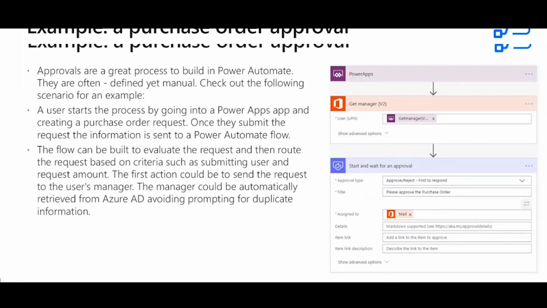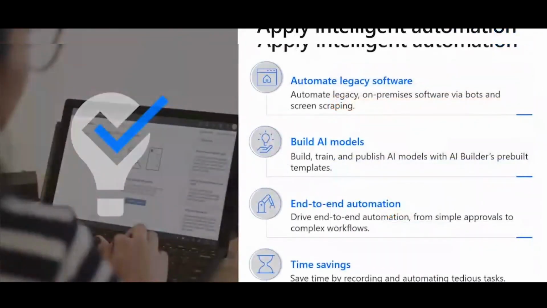The flow can be built to evaluate the requests and then route the request based on criteria such as submitting user and requested amount. The first action could be to send the request to the user's manager. The manager could be automatically retrieved from Azure Active Directory, avoiding prompting for duplicate information.